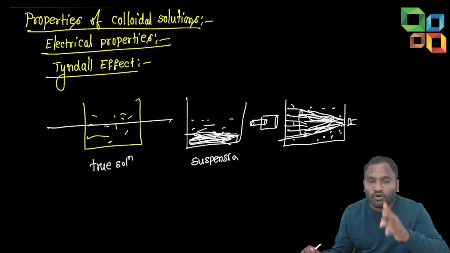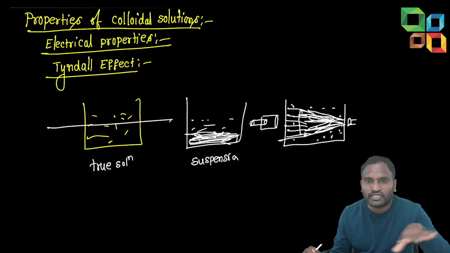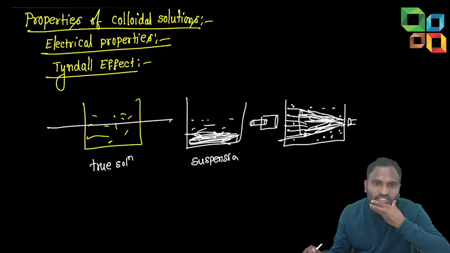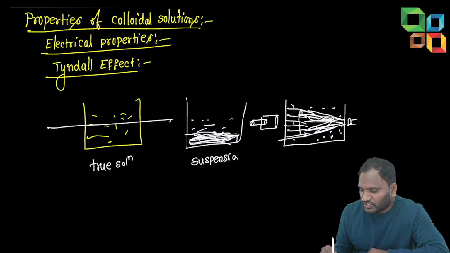Sometimes they ask how you can distinguish true solutions, suspensions, and colloidal solutions using the Tyndall effect. In true solutions there is no scattering; light goes past in a single ray. Suspensions act like opaque. Only colloidal particles can scatter the light. So this is the Tyndall effect.